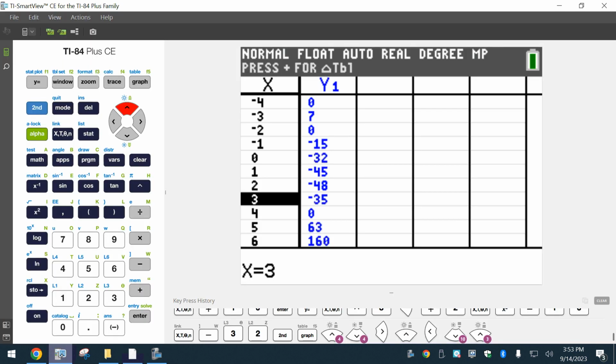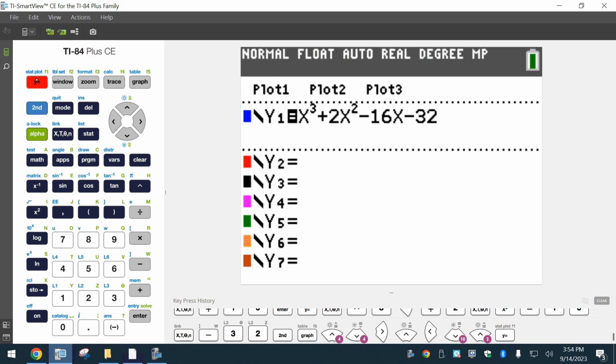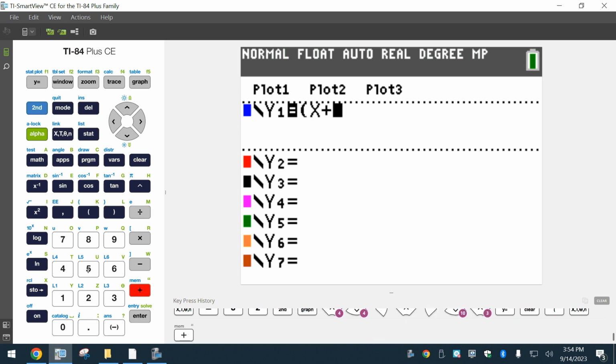So we're going to go to the calculator, go to your y equals, clear that out, type your expression. You can use your parentheses. Okay, and you have to hit minus x plus 3.